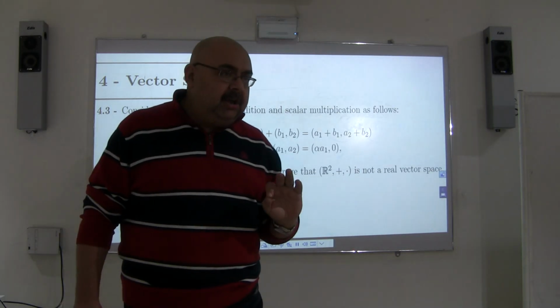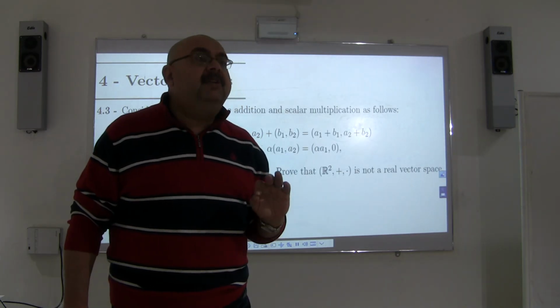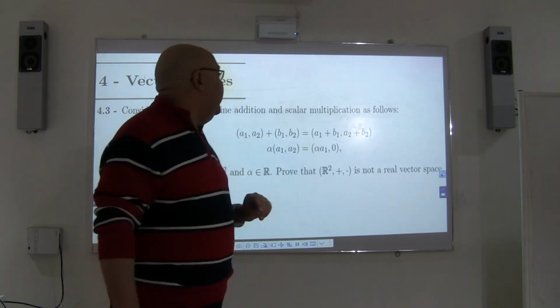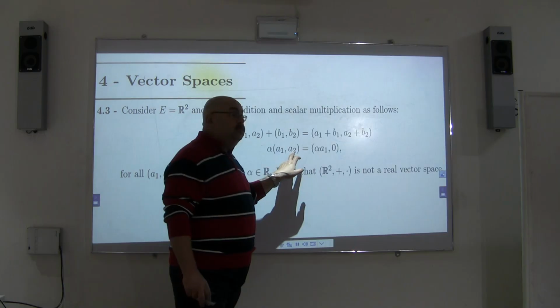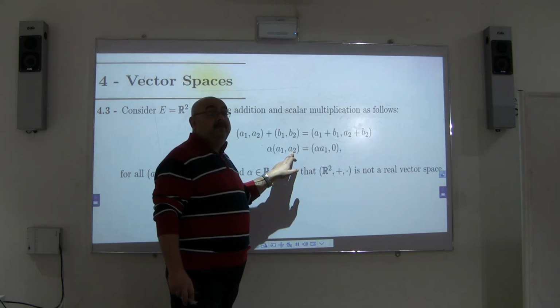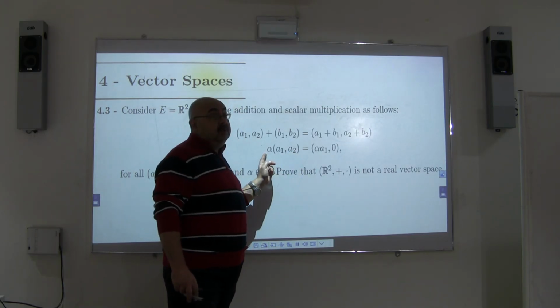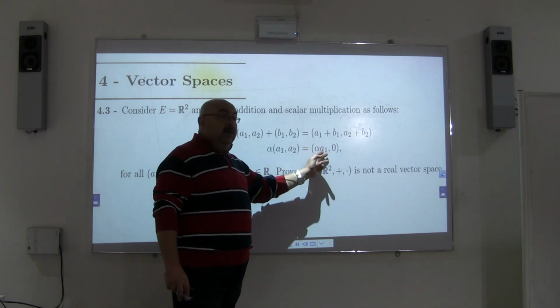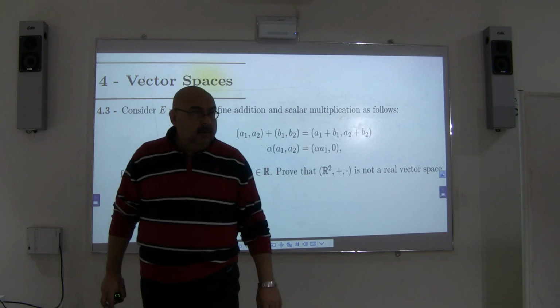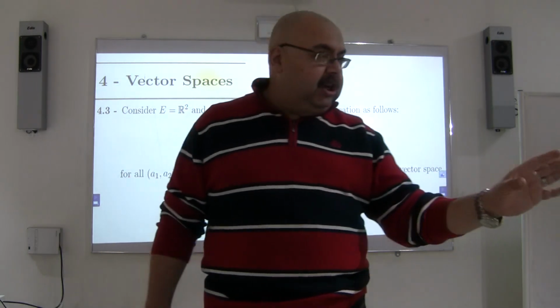But in multiplication by a scalar, Miss Fatin, it's going to be different. If I have any vector, A1 and A2, and I multiply by alpha, see what the result is going to be. The result is alpha times A1 and 0. So it's not just a multiplication by a scalar.